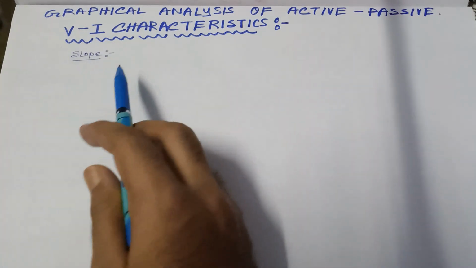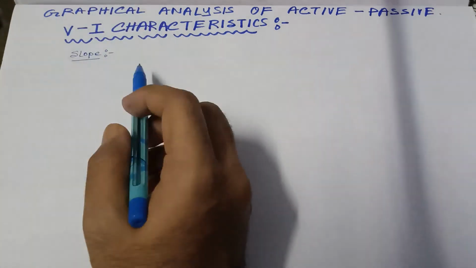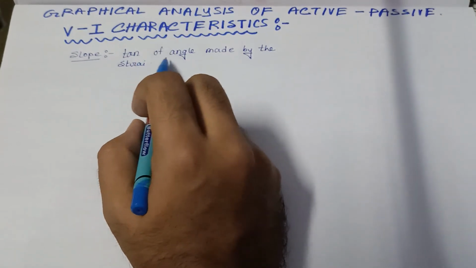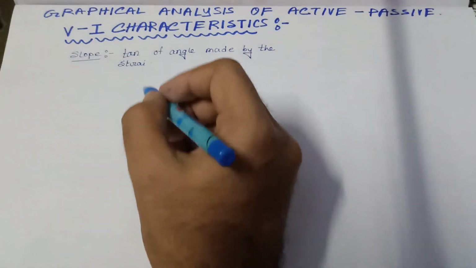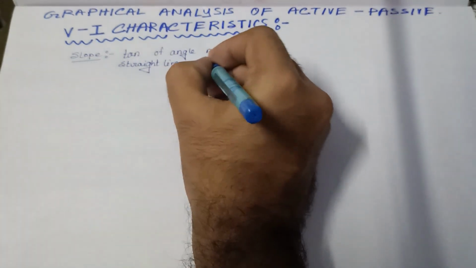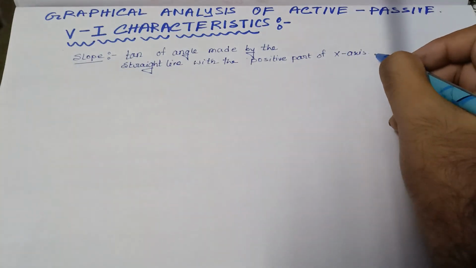So tell me, what do you know about slope? See, slope is the tan of the angle made by the straight line with the positive part of the x-axis.